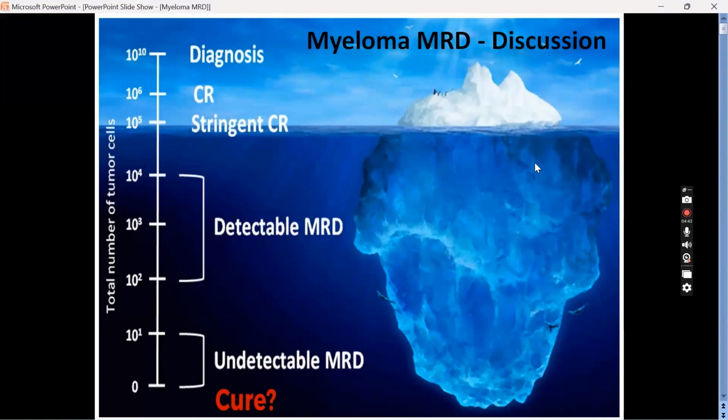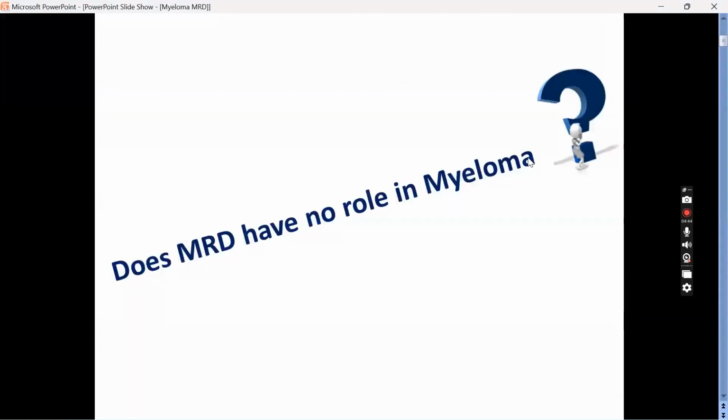So now, the same question I asked some time back during the myeloma diagnosis discussion: is flow really needed for diagnosis of myeloma? The same question I ask you now: does MRD have a role in myeloma?